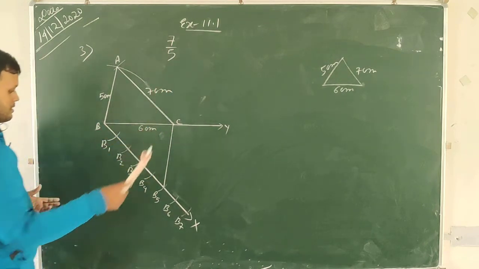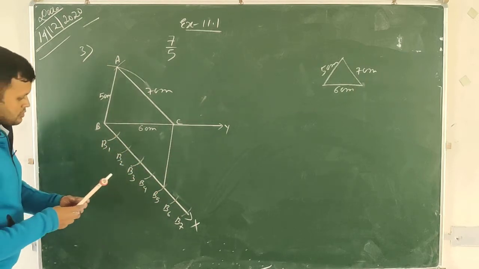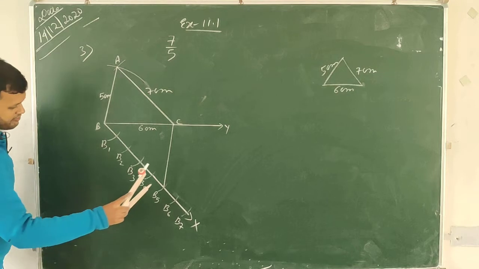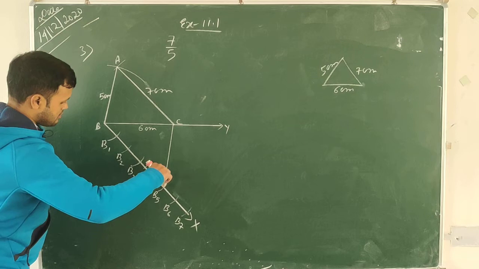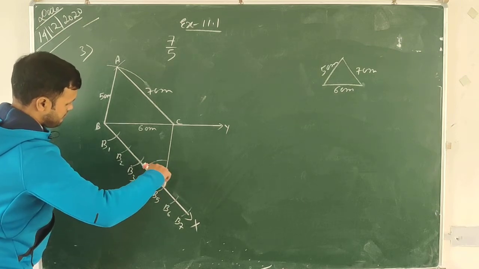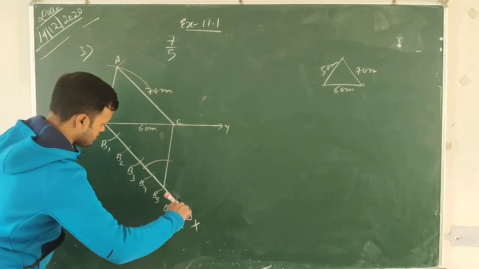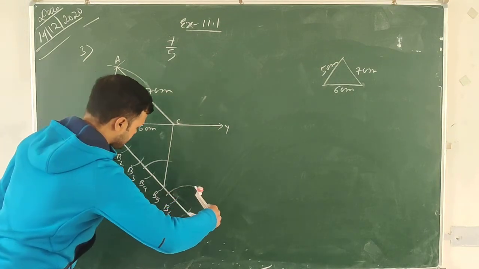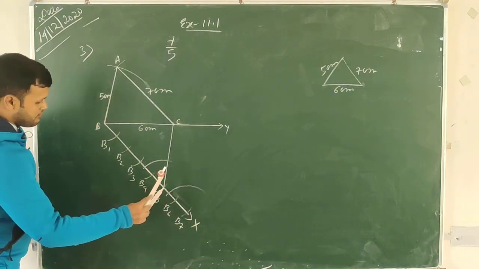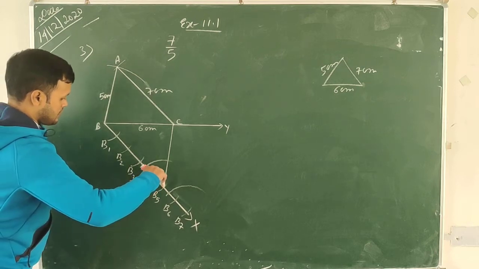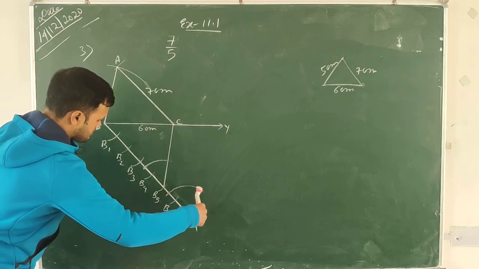Numerator is 7. So from the point B7 we have to draw a line segment that will be parallel to B5C. So how should we draw this? From the point B5 we will take any suitable arc. From the point B7 we take the arc with the same radius. From the point B5 we have drawn one arc of any suitable radius. From the point B7 with the same radius we have drawn one arc.